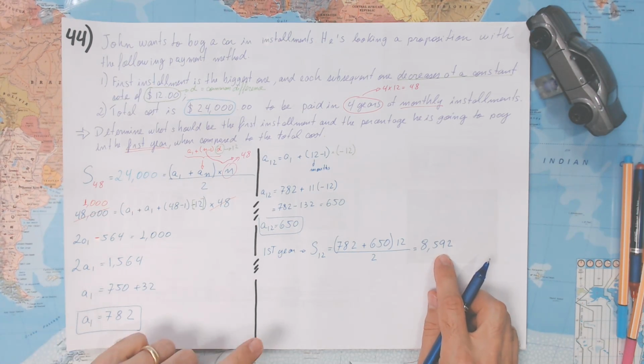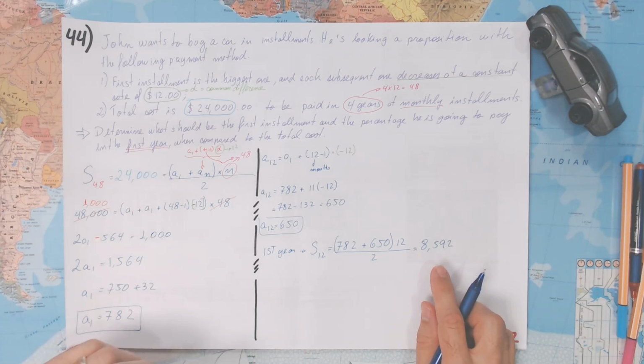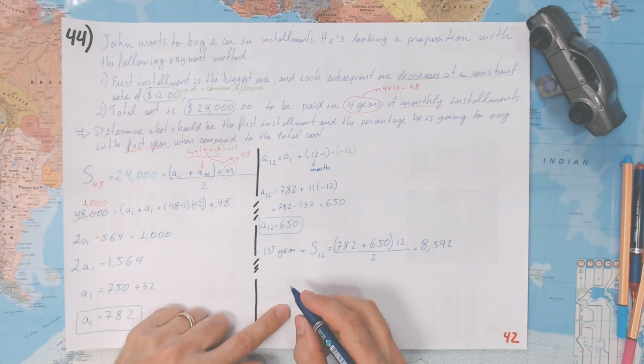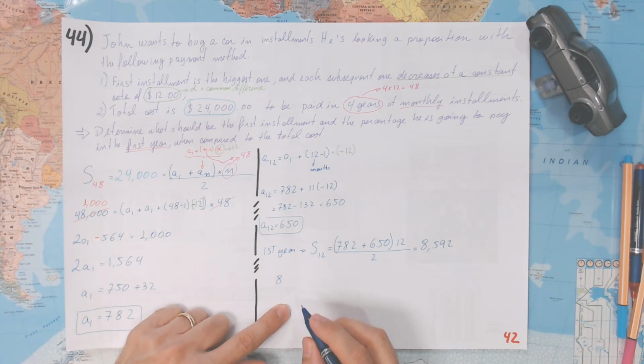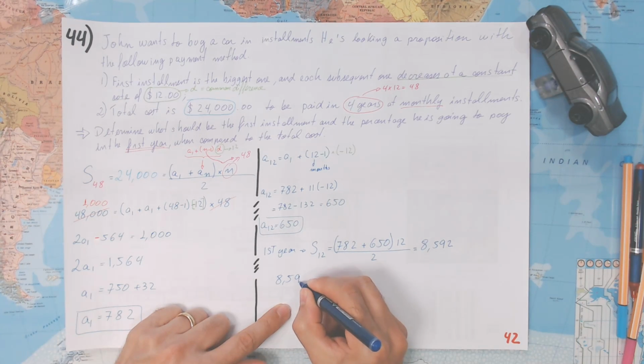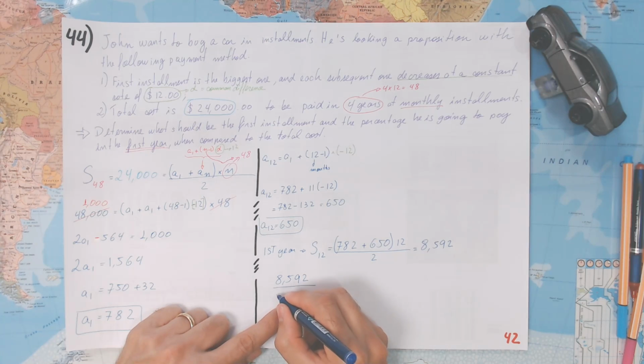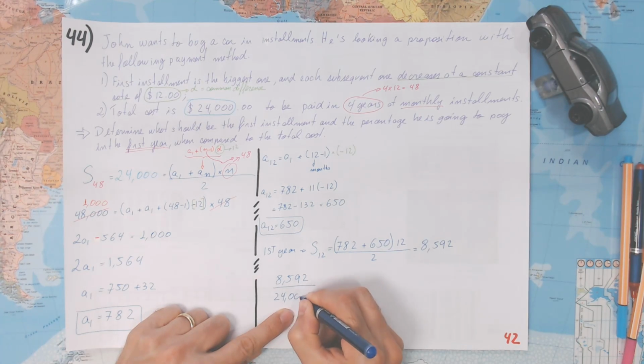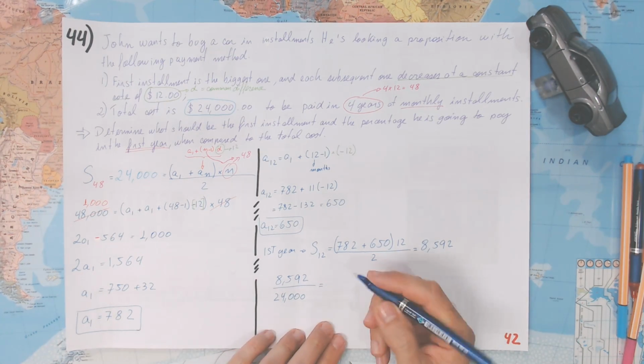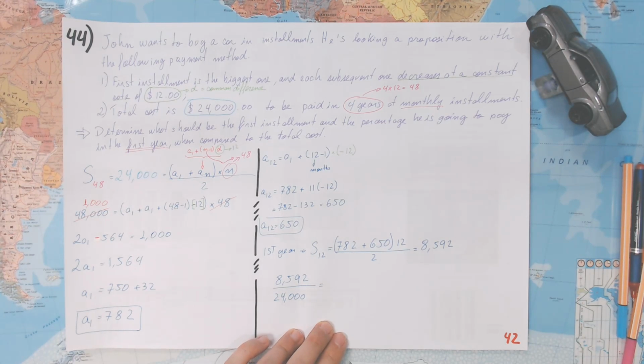But I don't want that. I want the percentage. So we're going to divide the 8,592 by our 24,000, right? It is a total. And let me just do the math in here.